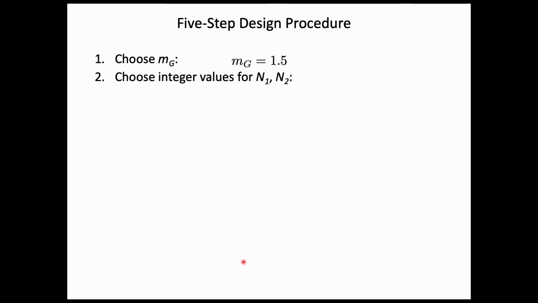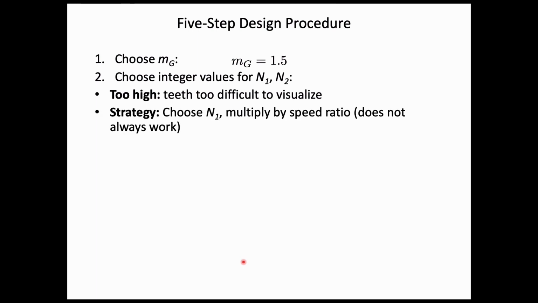Step 2, choose integer values for n1 and n2. If we choose values that are too high, the teeth are going to be difficult to visualize. So we want lower values for n1 and n2, but that can bring its own challenges as well. The strategy that I chose to use here is to start off choosing n1 and then just multiply that by the speed ratio.